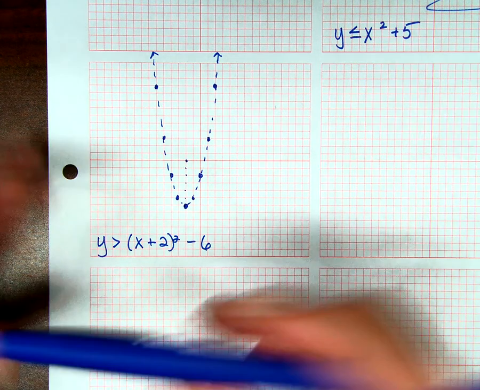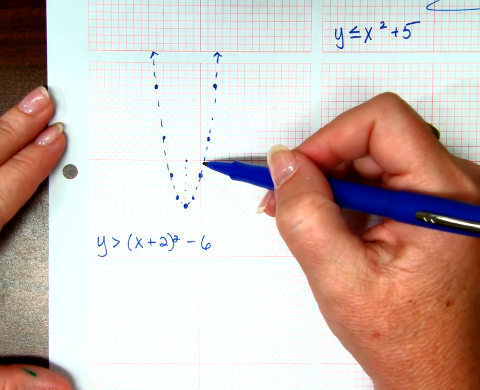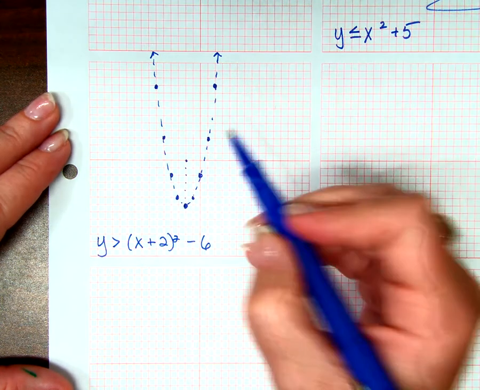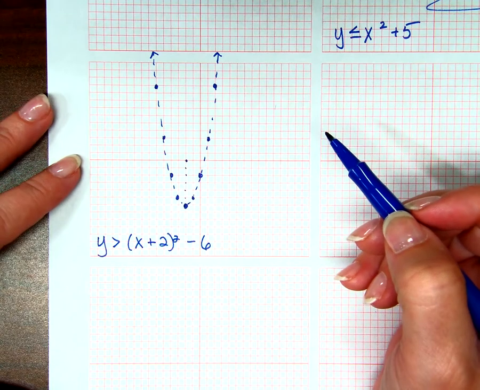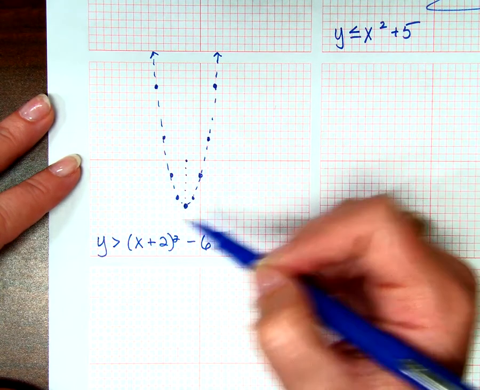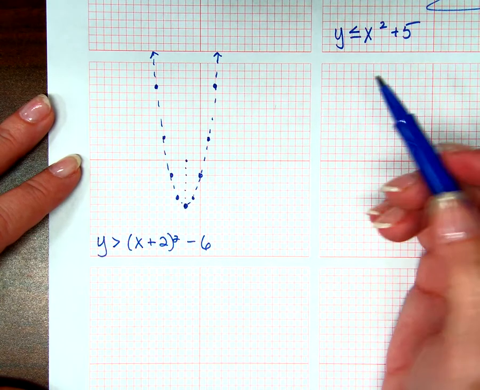Okay. Can I choose 0, 0? It's super close, right? I don't want to get it wrong just because my graph is wrong. So let's choose another point, but let's choose a smart point. So we want to choose a point on the axes, right? Because at least one of those values is going to be 0, right?